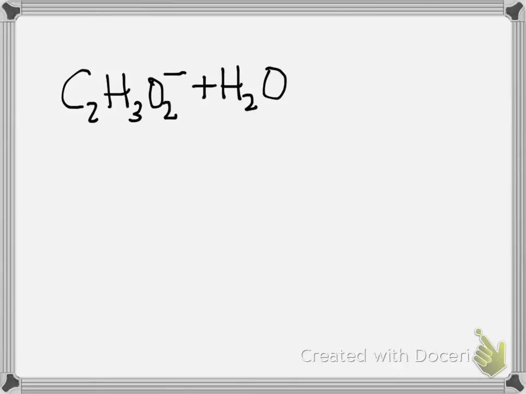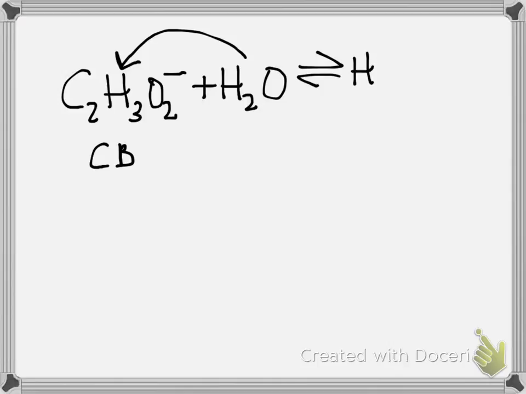So C2H3O2 minus is going to react with water. C2H3O2 minus is a conjugate base, so it's a proton acceptor. So it'll make HC2H3O2 plus OH minus.